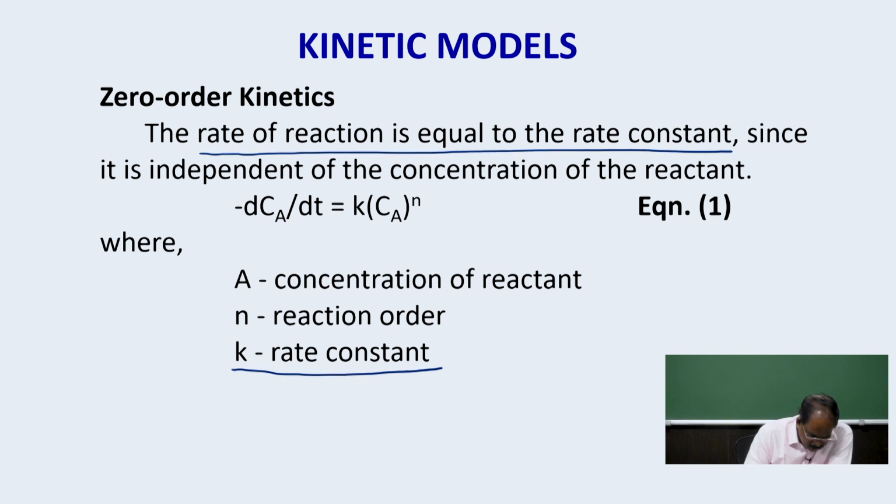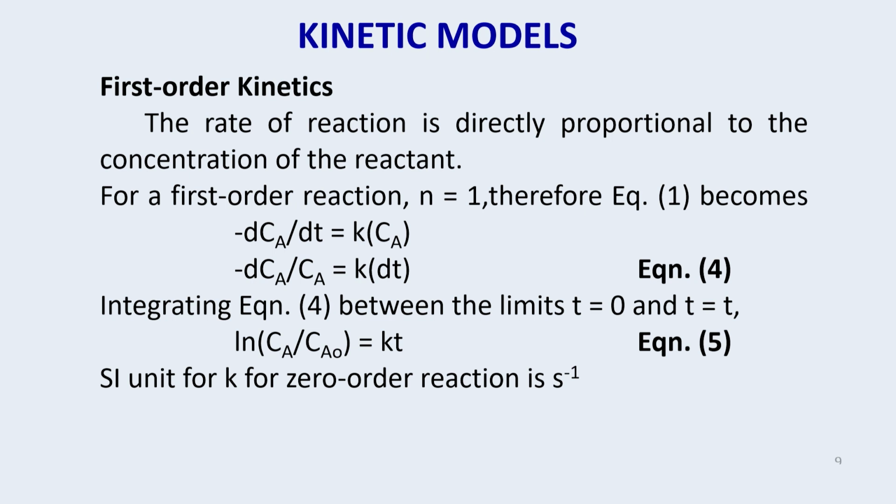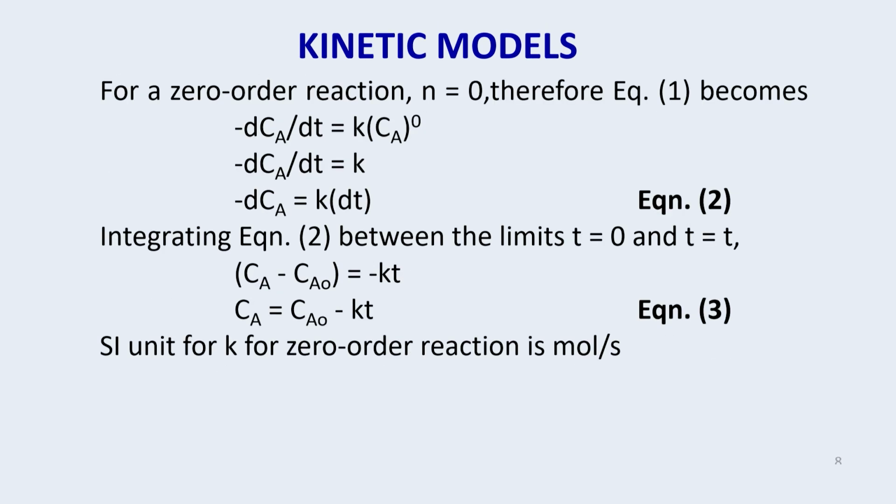So let me write this equation. Kinetic models, zero order reaction. Minus dCA by dt is equal to K into Ca power n.